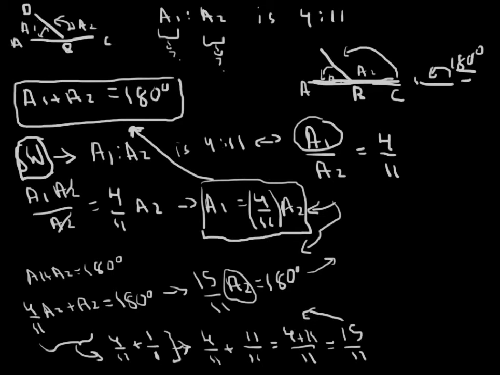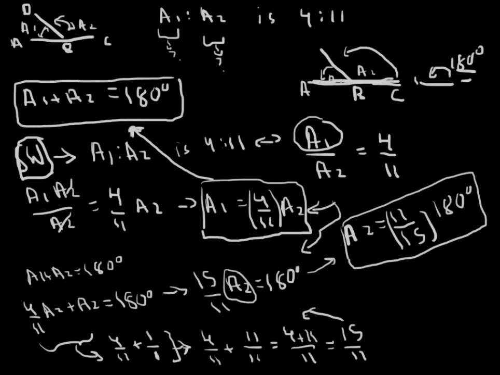And if we divide both sides by 15, this will be 15 over 15, and then you'll just be left with A2. Whatever you do to the left side, you do to the right. So you're left with A2 is 11 over 15 of 180 degrees. Essentially this method just leads you to the same expression you had in the last question.